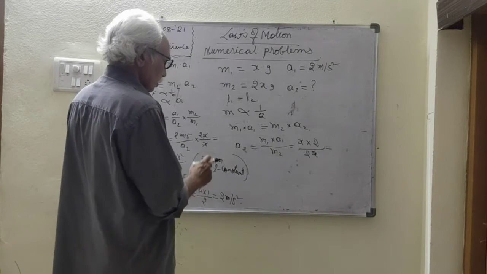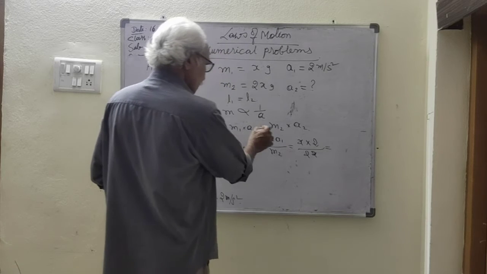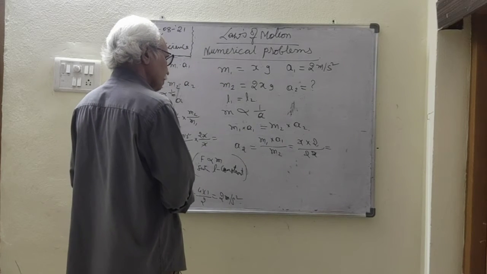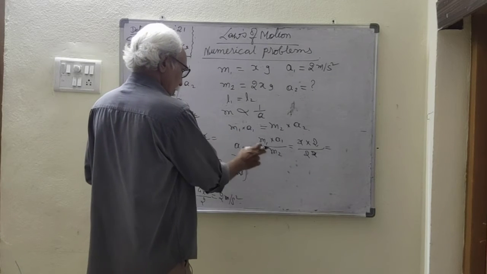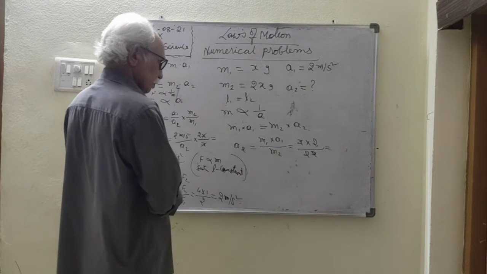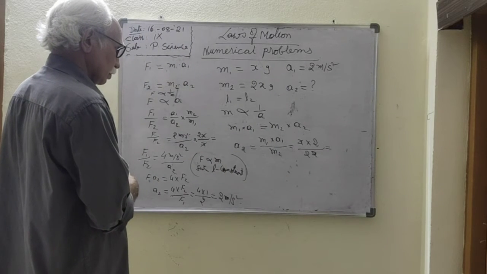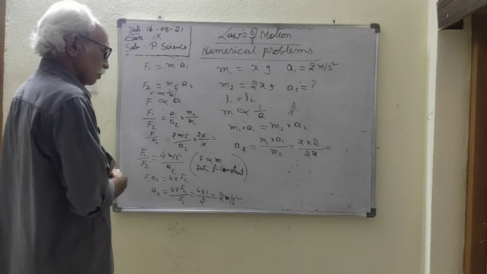In this equation, force is not considered. So force is also considered. When the force is considered, you can write A2 is equal to 2 by 2x. The answer of 1 meter per second square will be wrong.